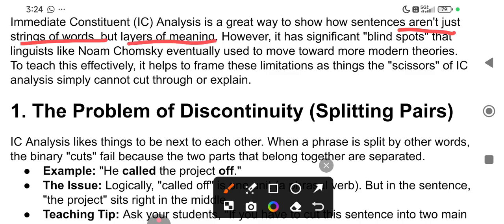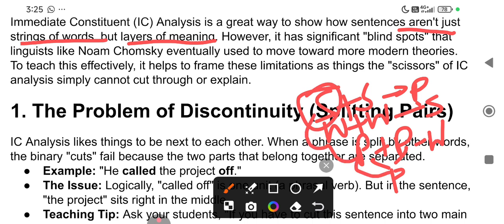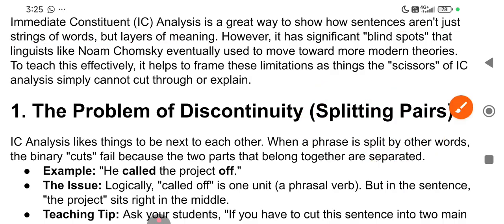It starts from the sound, the phoneme. Then a combination of phonemes becomes words, a combination of words becomes a sentence, and a combination of sentences becomes a paragraph. So from the sentence we analyze at different levels. The word order is not just a string of words, but layers of meanings.